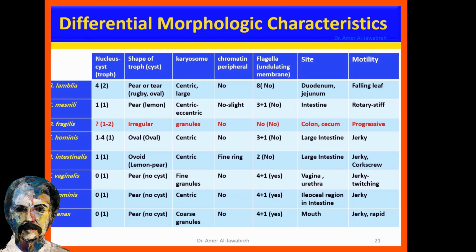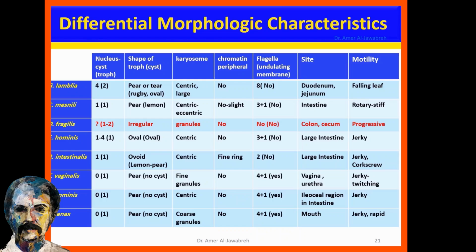In nucleus and cyst, we are not sure that there is a cyst. 1 to 2, 80% 2, 30% 1, and less than 5% can be 3 or 4. The karyosome is in the form of granules, not a dot like the other parasites. Shape of trophozoite is irregular. That's why it blends easily in the background.